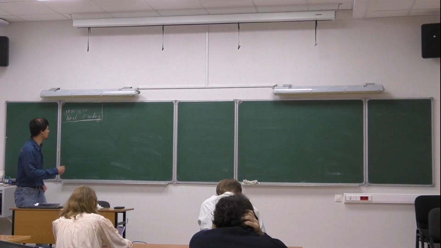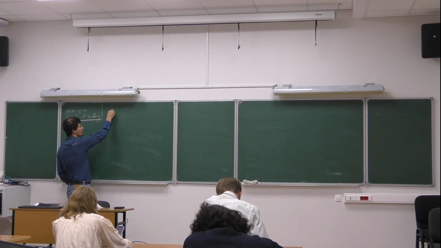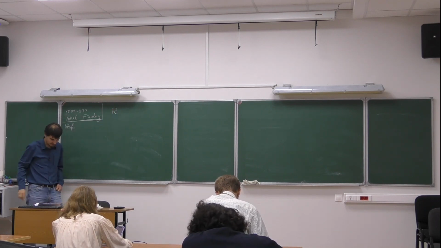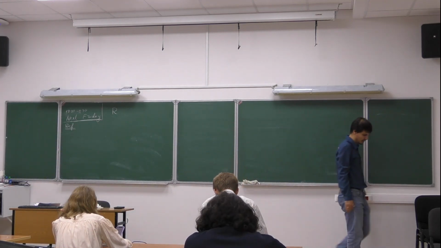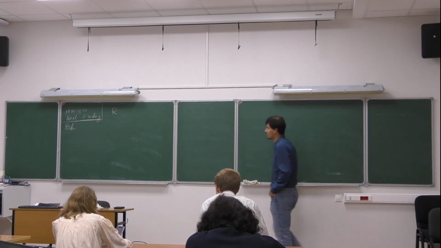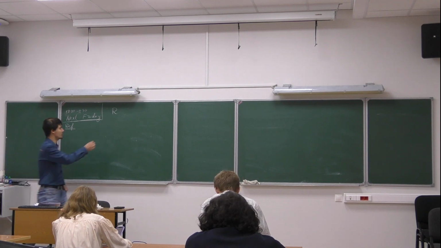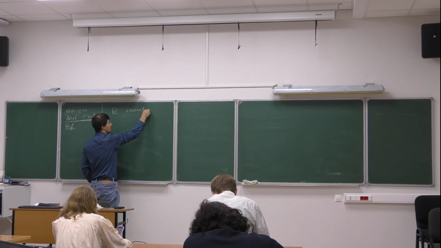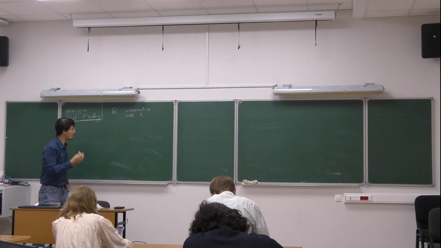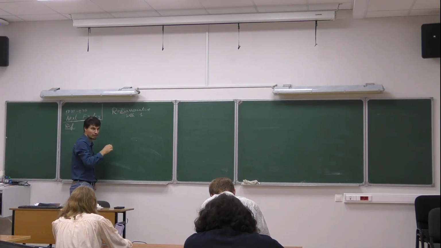Okay, so first of all, the main definition. We are always working over some ring. I always assume that R is an associative ring with unit. But the main example for me is the group ring of a group.